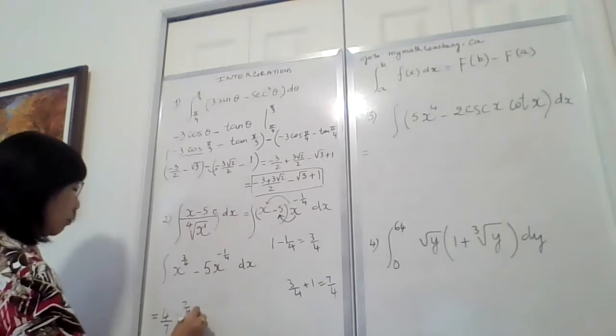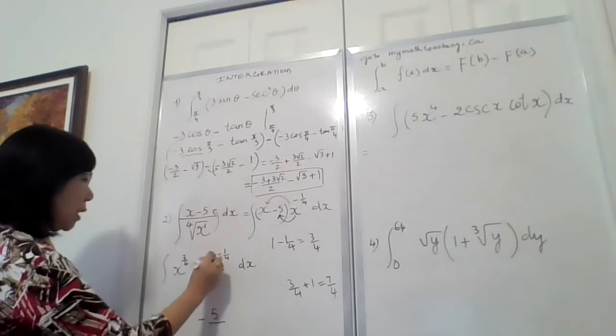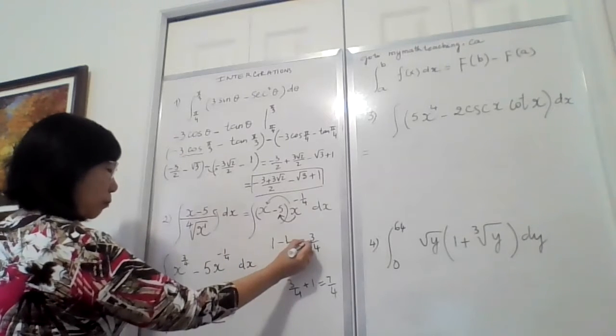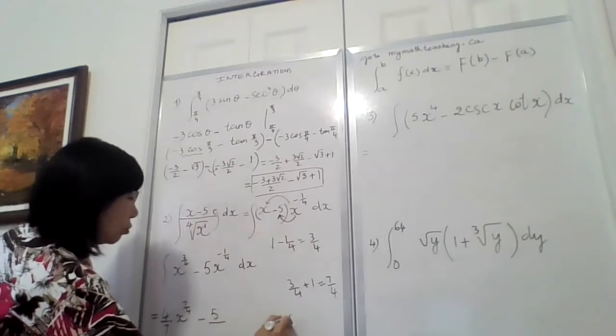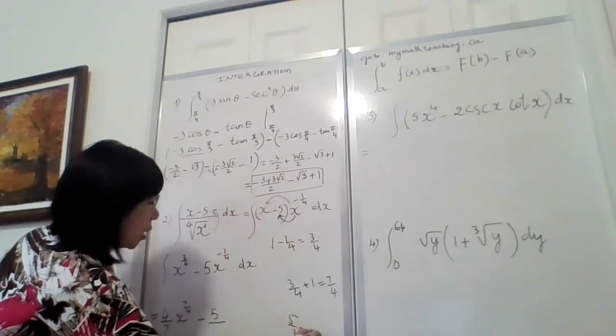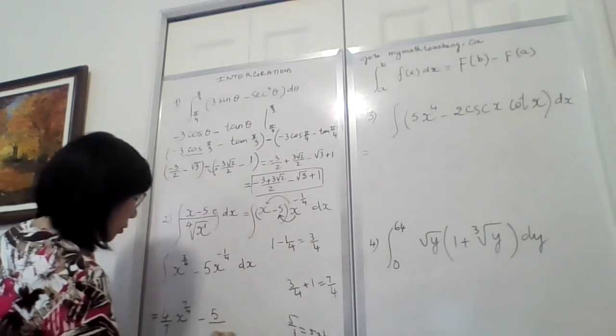For this one will be minus 5 divided by minus 1 over 4 added to 1, which equals 3 over 4. Now 5 divided by 3 over 4 is the same as 5 times 4 over 3. So that is 20 over 3.